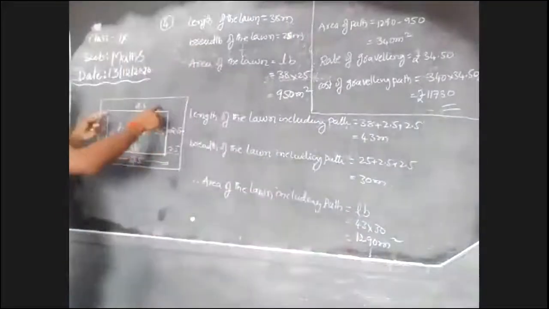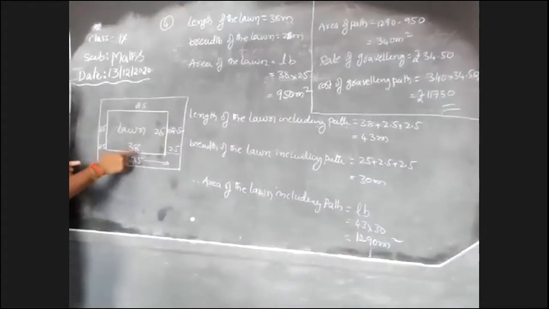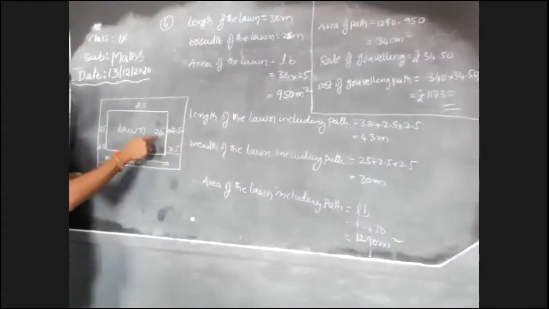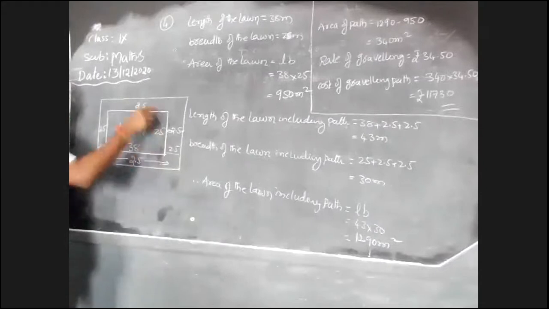So see here, the lawn is given: length is 38 meters and the breadth is 25 meters. The path width is given 2.5 meters.